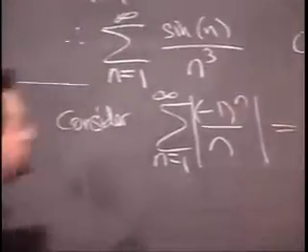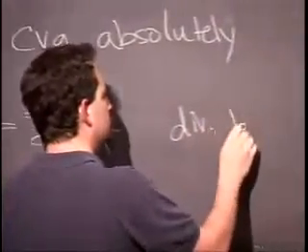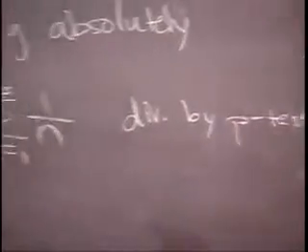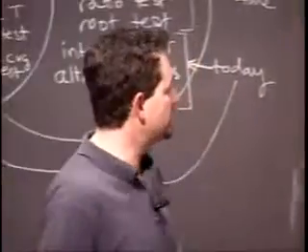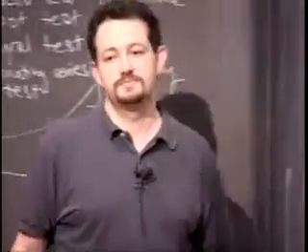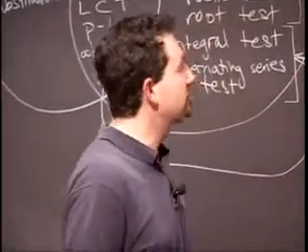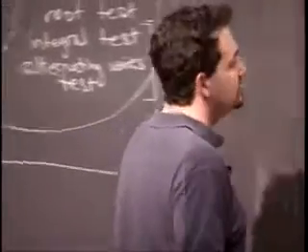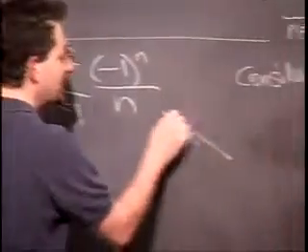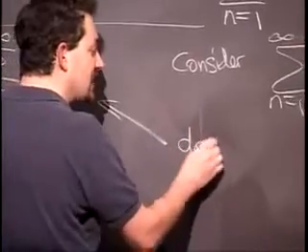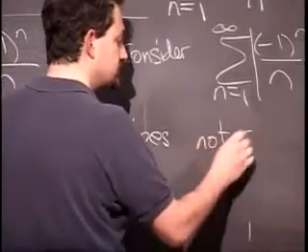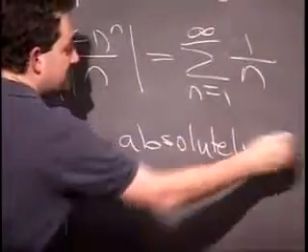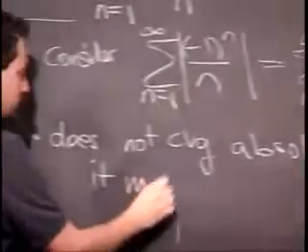It diverges by the p-test. Okay. So, what can you conclude about the original series? Nothing. You cannot use the absolute convergence test to show that something diverges. All you can say is that this does not converge absolutely. But the amazing thing is, it may still converge anyway.